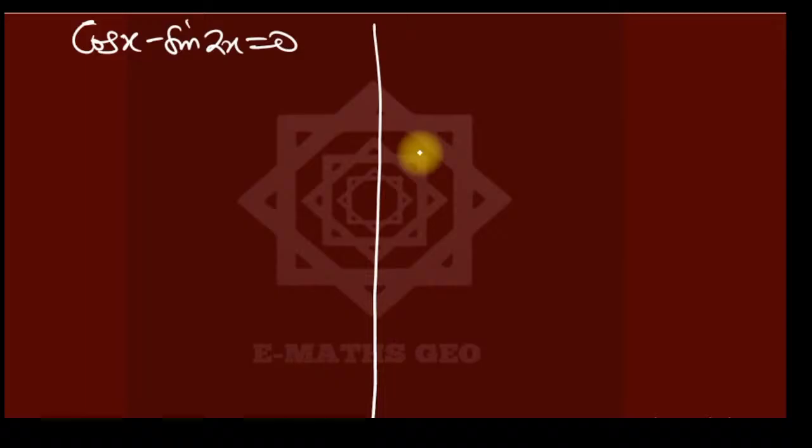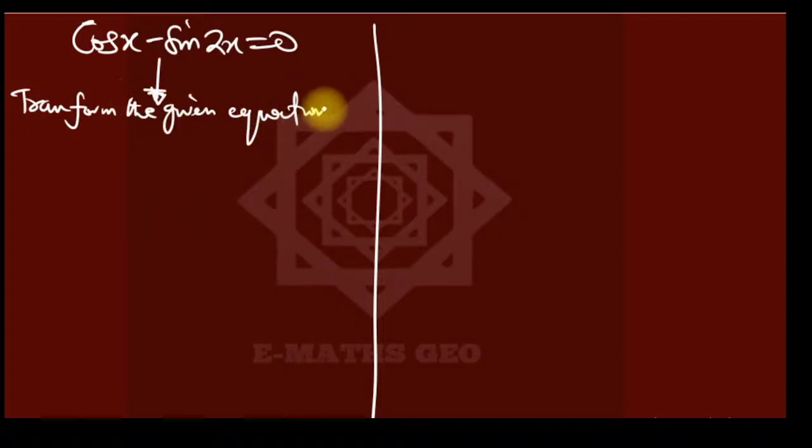Whenever you're asked to use a graph to solve a particular equation, what you have to do is to transform the given equation to look like the plotted function.